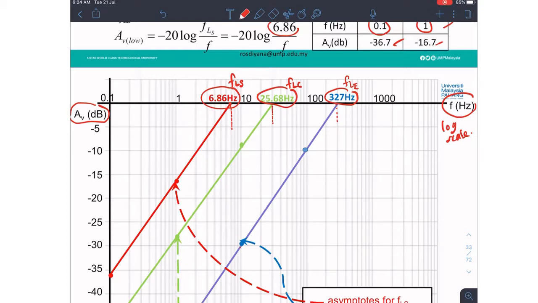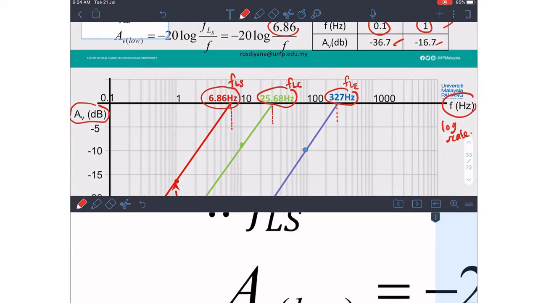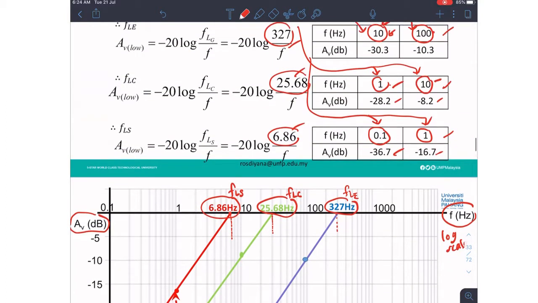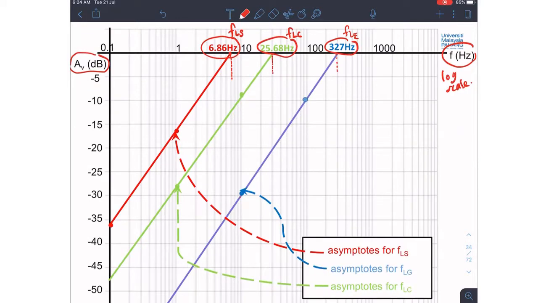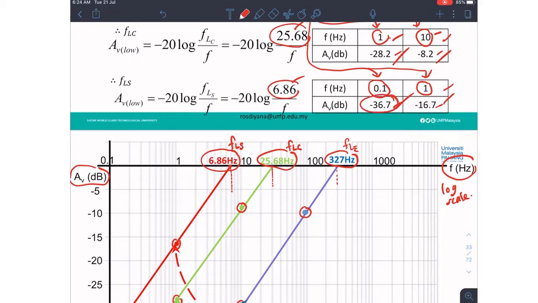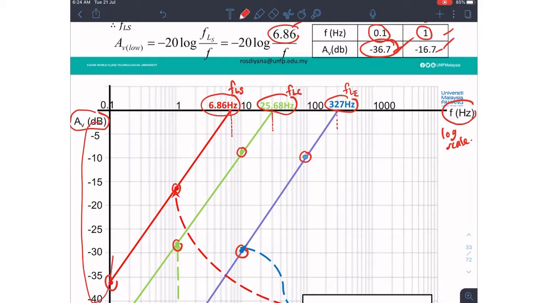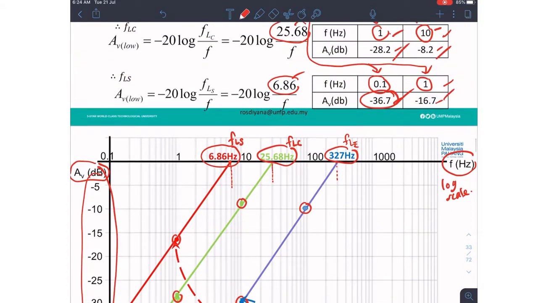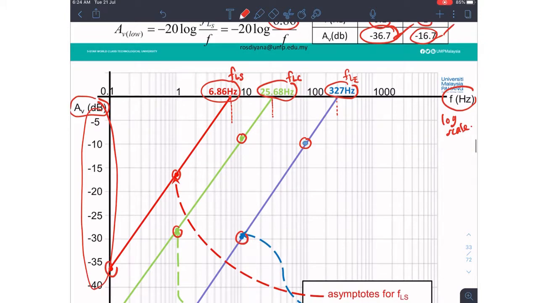So for the 327, this point that you have calculated previously, you get from this one and this one, then you plot in this graph. So you get this point, this point, this point, and this point. You get from this. So you refer the gain value, take a look at this side, and its value here.